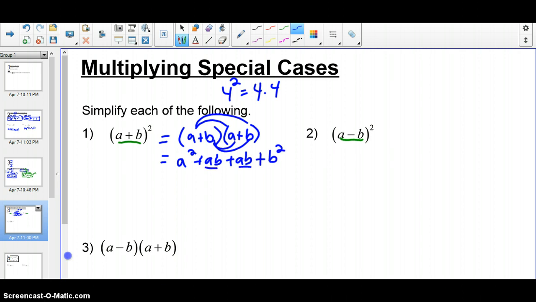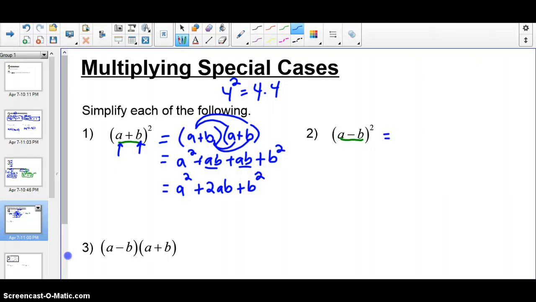Notice the two middle terms are like terms, and if you add them, you will get 2ab. And actually, every time you multiply two binomials that are the same, or you square a binomial, the middle term is always going to be double the first term times the second term, or a times b.